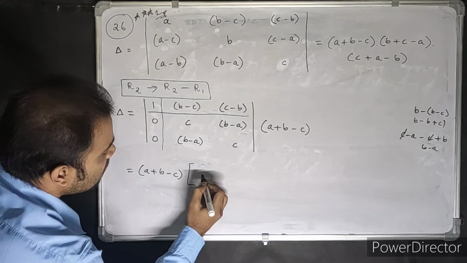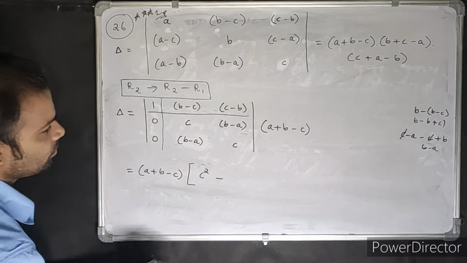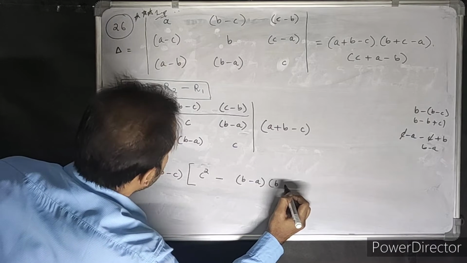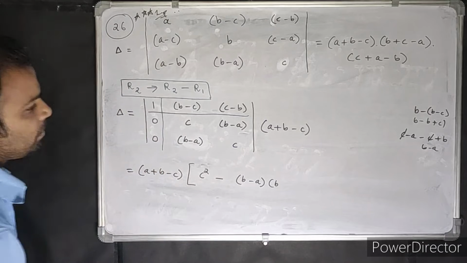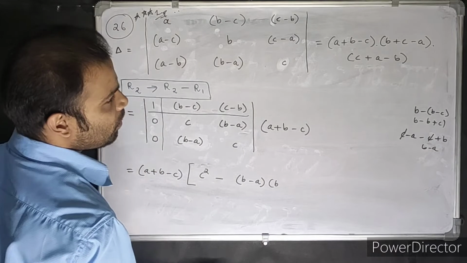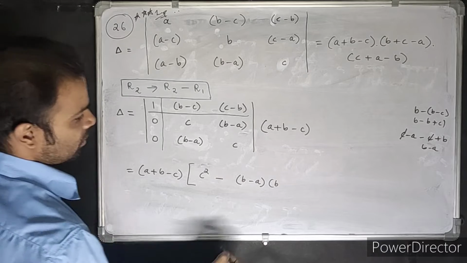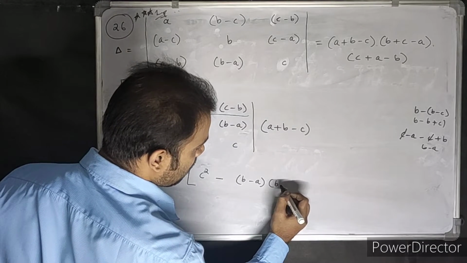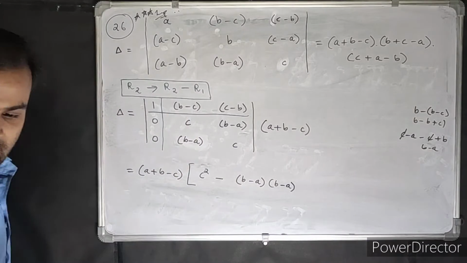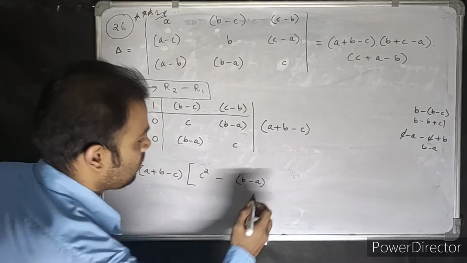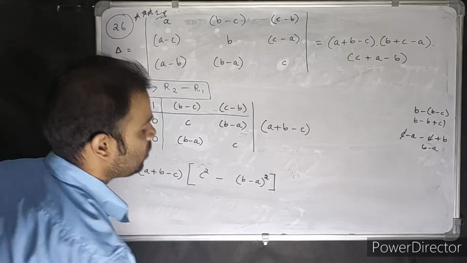Let's multiply it. This is c square minus, what is it? B minus a and b minus a, right? Yes. B minus a into b minus a, don't write 2 times, just write b minus a whole square.